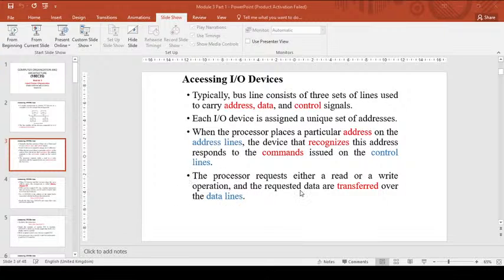What is data in? Data in is a register in the input device which will hold the data. For example, if we are entering a character from the keyboard, as soon as the character is pressed, the ASCII code of the corresponding character will be available in the data in register of the keyboard, and the processor will take it from there, right?